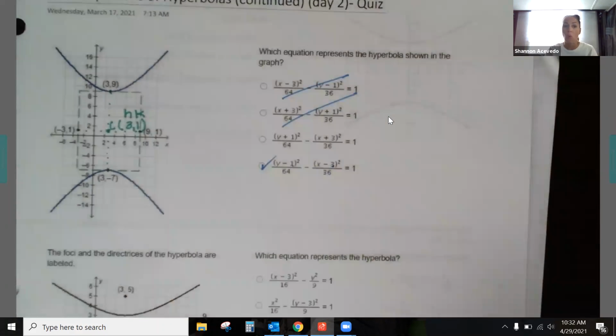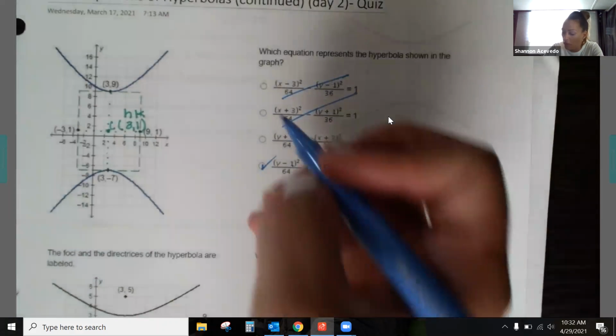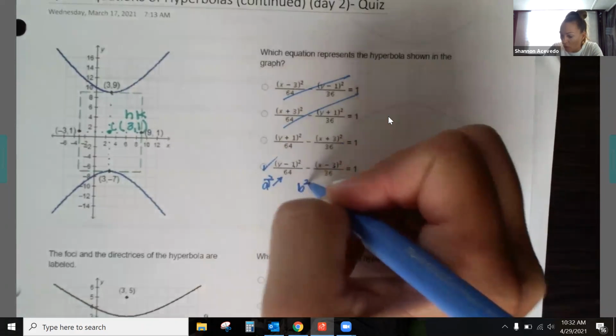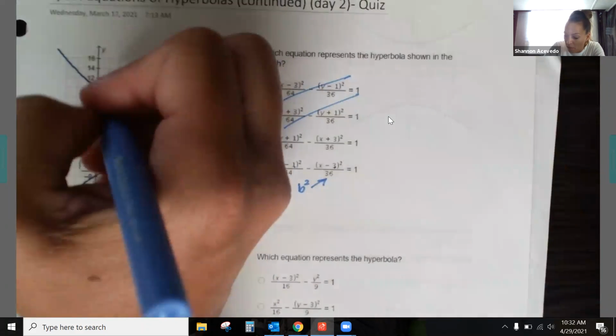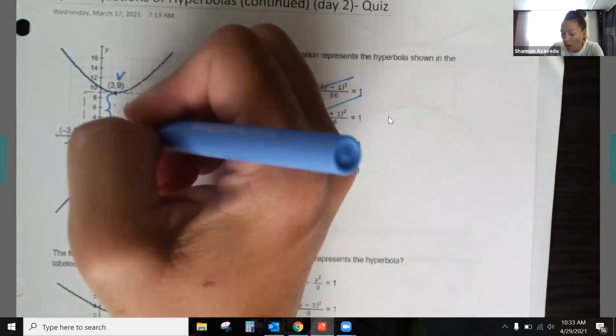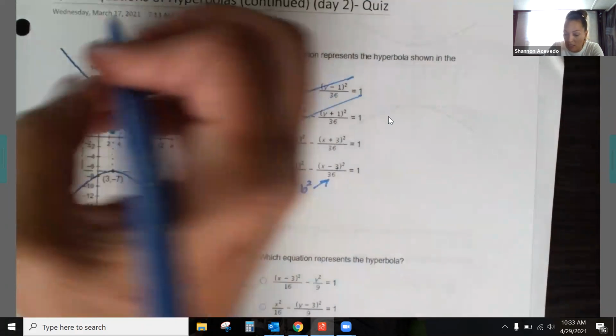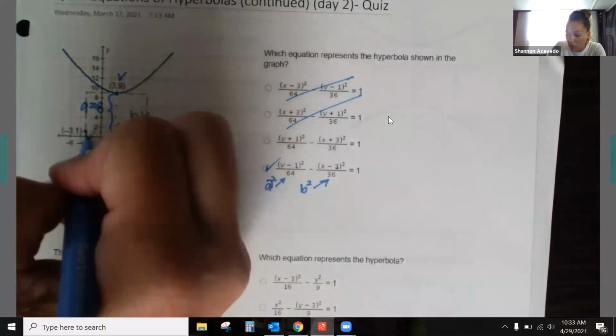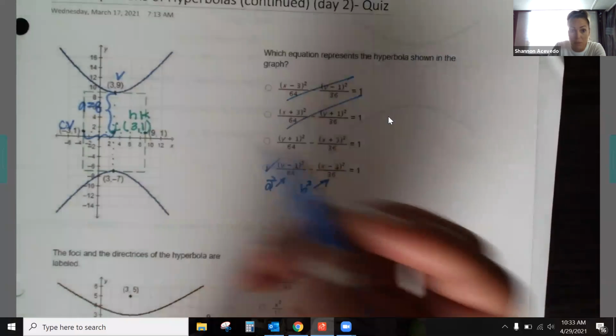But the other piece of that, of course, we can easily see is that this would be my A squared value and this would be my B squared value. I can see that from my center to my vertex. I'm at 1 here and I go up to 9, that's telling me A is equal to 8. My center to my co-vertices, that's my B value.